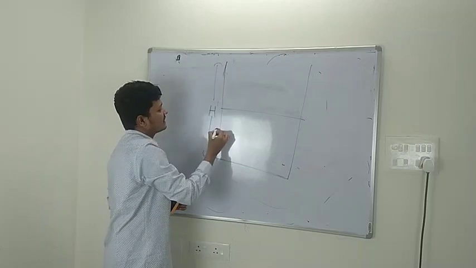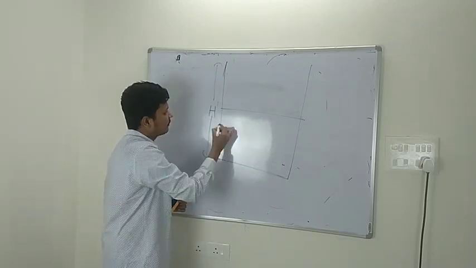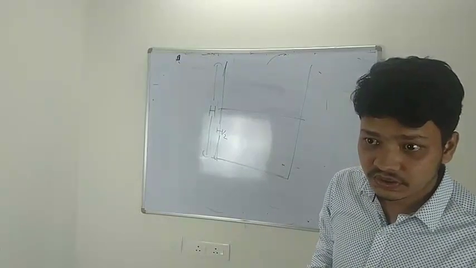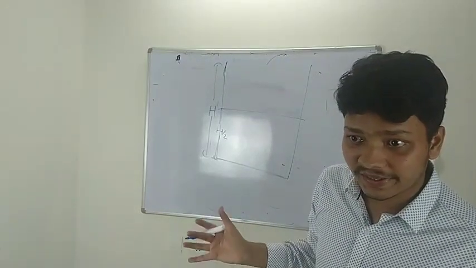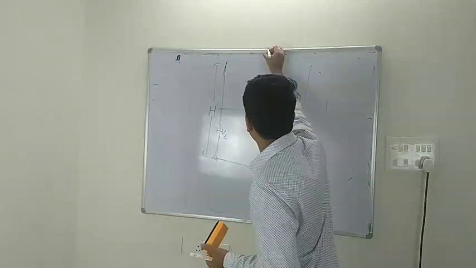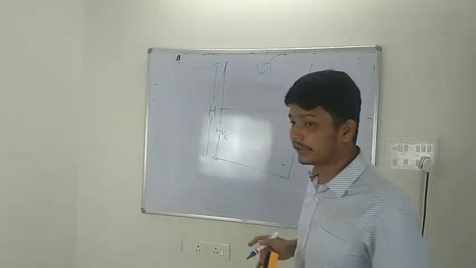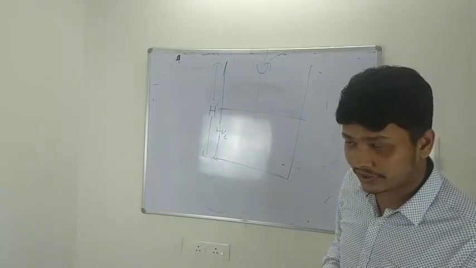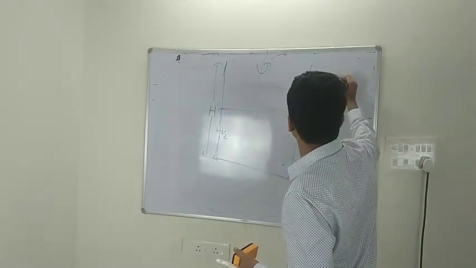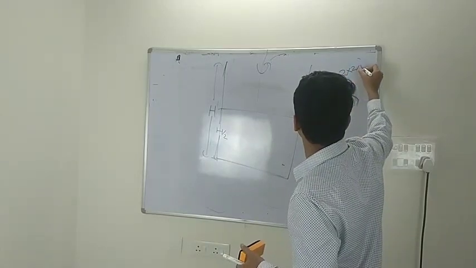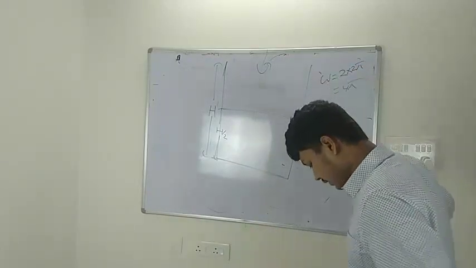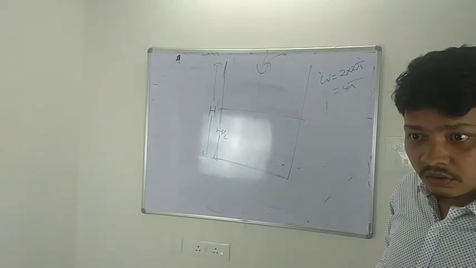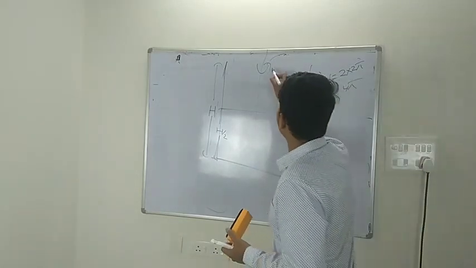So total height is h, and let me say this is h by 2, complete liquid. When the vessel is rotated about its own vertical axis, the angular speed is 2 rotations per second. So omega is 2 into 2 pi, that is omega is 4 pi. The radius of the vessel is 5 centimeter.